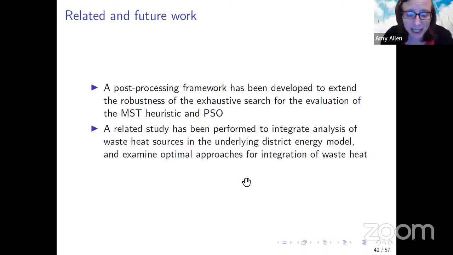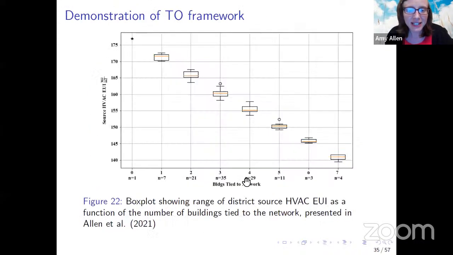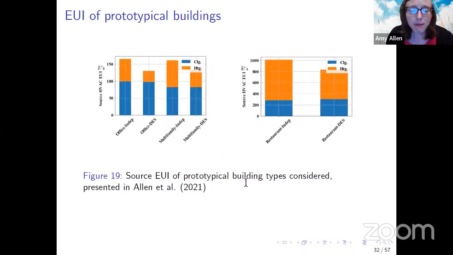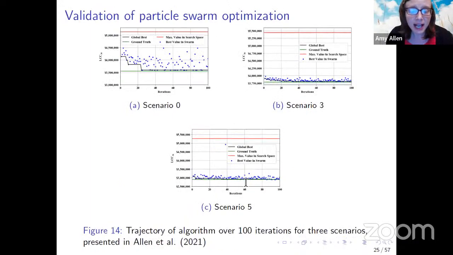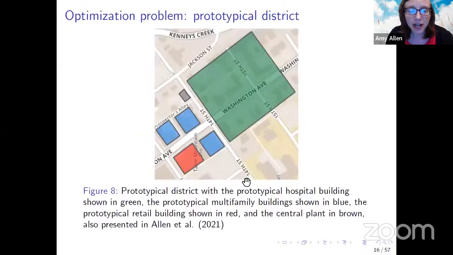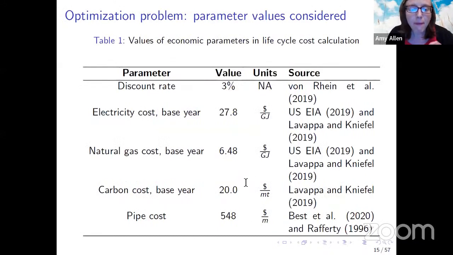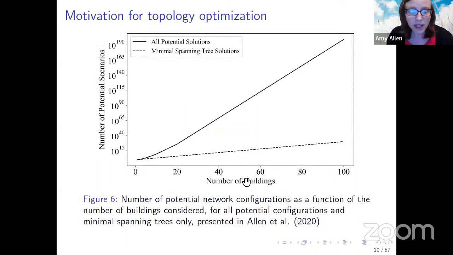Yes, thanks for asking that. That's a very important consideration. And sorry, I'll see if I can go back to the plot easily. The minimal spanning tree heuristic does successfully reduce the size of the search space significantly, but as you noted, it still becomes intractable quickly. But in general, the particle swarm optimization algorithm seems to work fairly efficiently computationally.